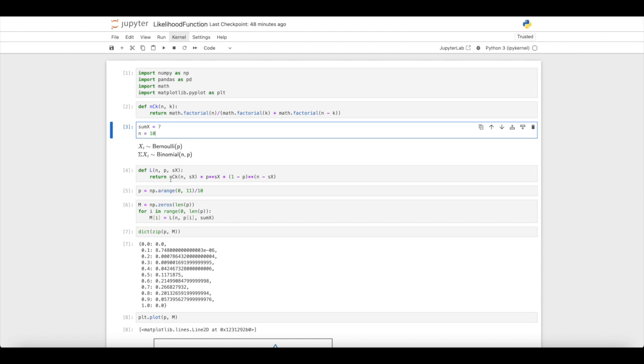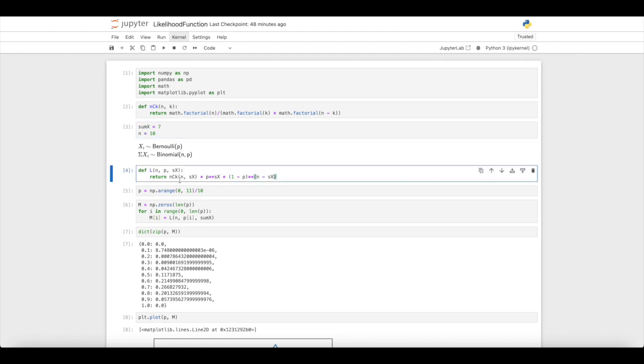That is the density function of the binomial distribution with n comma p. So it is n choose the summation of x, times p to the power sum of x, times 1 minus p to the power n minus sum of x. Okay, that is the likelihood function.